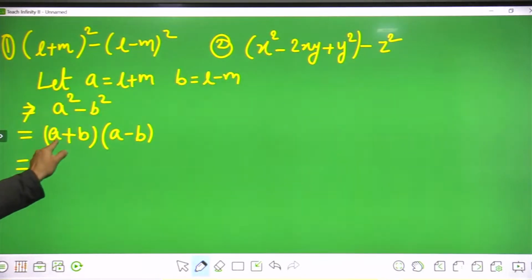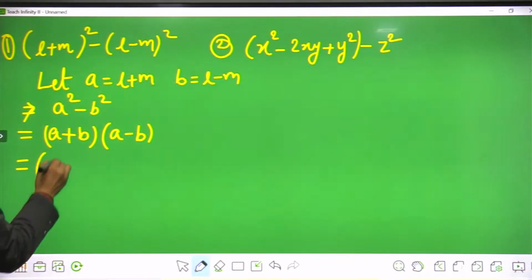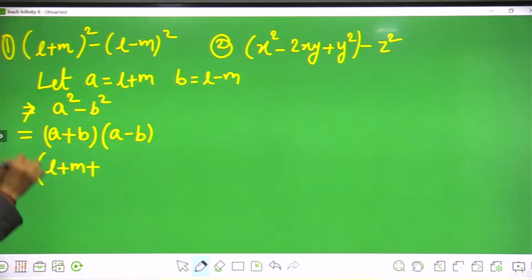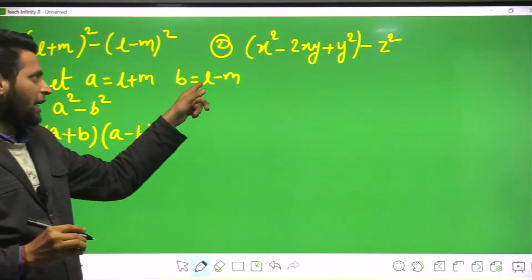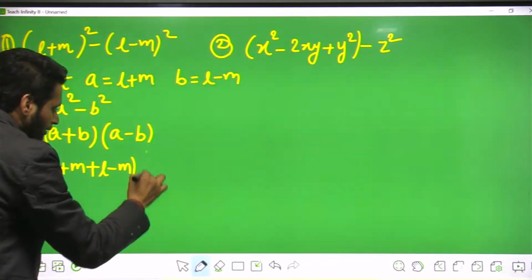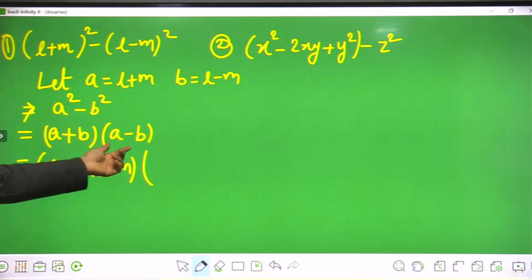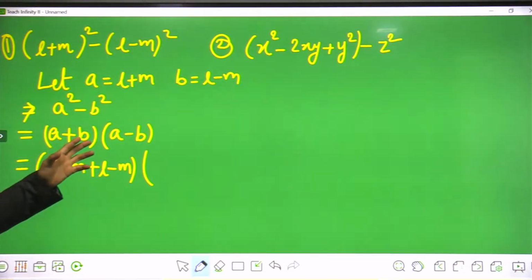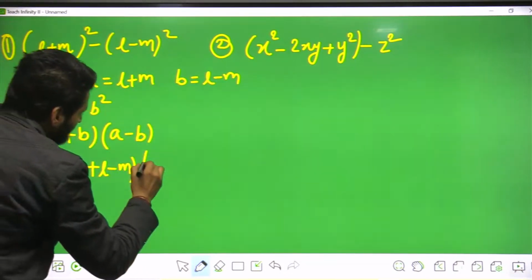In place of a we substitute l plus m, then plus b, and in place of b we write l minus m. Here a is equal to l plus m.